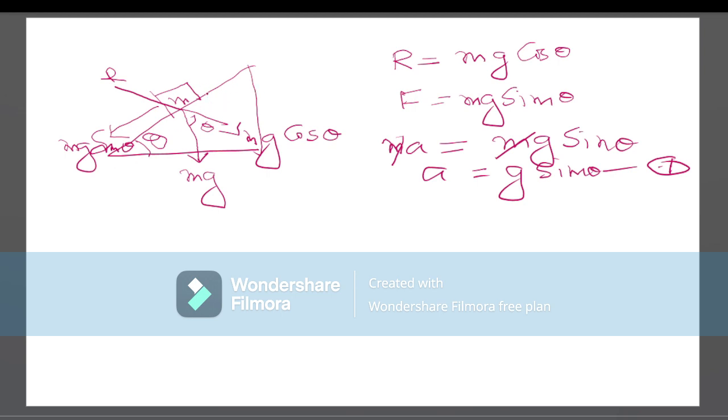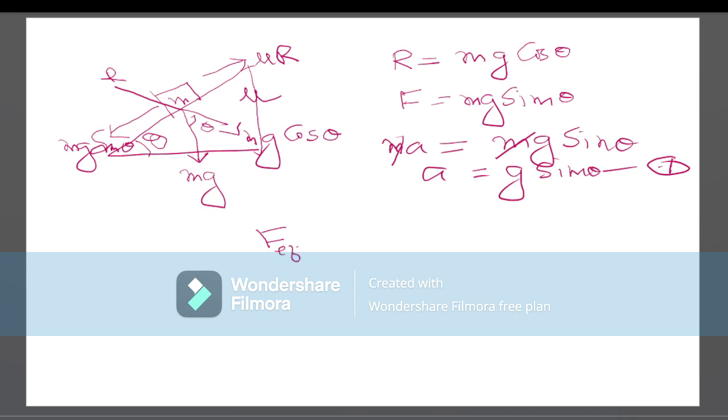Suppose the friction between the two bodies has a coefficient of friction mu. In that case, as the body is moving downward, there is another force acting upwards. And this force, as you know, the frictional force, is always equal to mu times R. That is mu R. So in this case, we need to consider the effective force, which is different from the previous case.